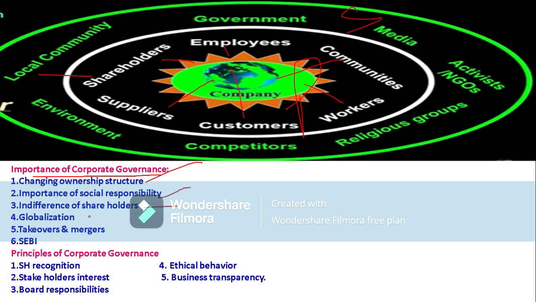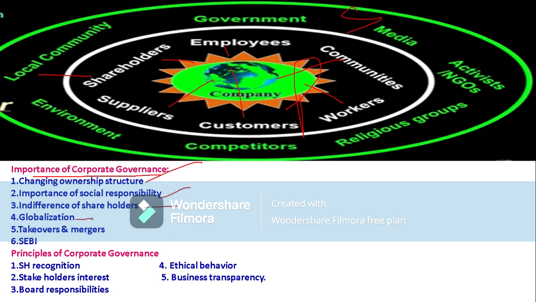So if we see globalization, nowadays every organization wants to extend its marketability and the growth of the company, entering into international markets. In order to attract foreign investors, foreign customers and suppliers, if corporate governance is followed, it will be easy in the globalization aspect. Because if we want to enter the international market, this is the first and foremost thing seen by international investors: is the organization implementing corporate governance or not?